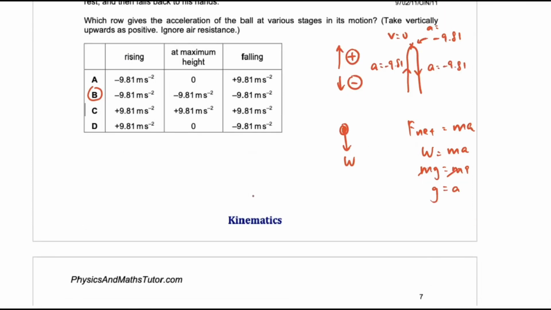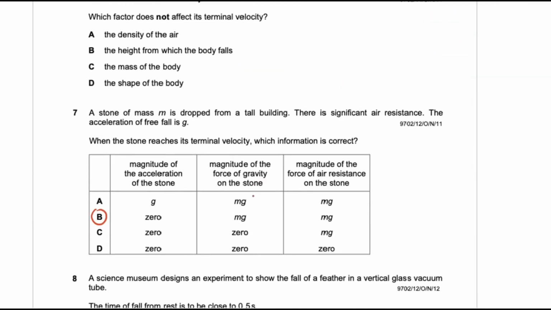Compared to just now, number 7, a quick discussion. In number 7, air resistance is there. If air resistance is there, F net equals W minus air resistance. Net force is ma, W minus air resistance. Air resistance increases as it gets faster and faster, so acceleration will decrease.